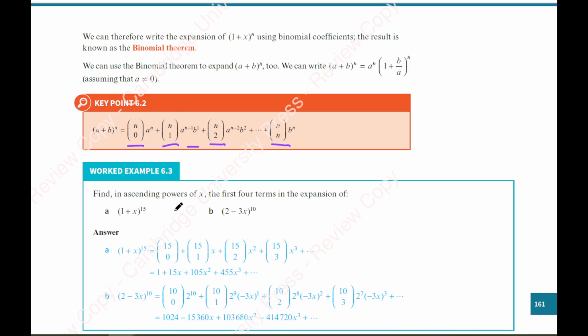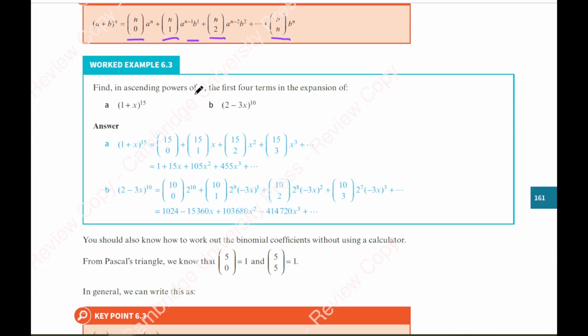And look, here you have to find the ascending powers in the first four terms of the expansion. So the first four terms are 0, 1, 2, and 3. So you start here, and you just find it.